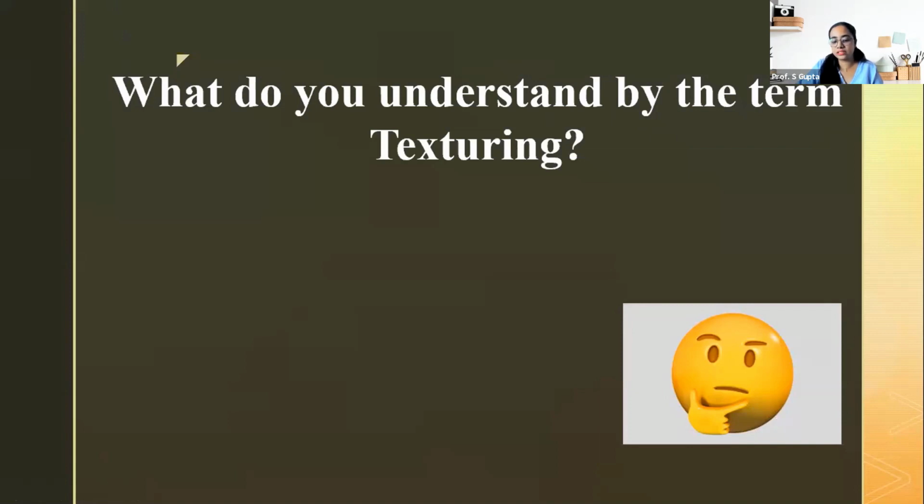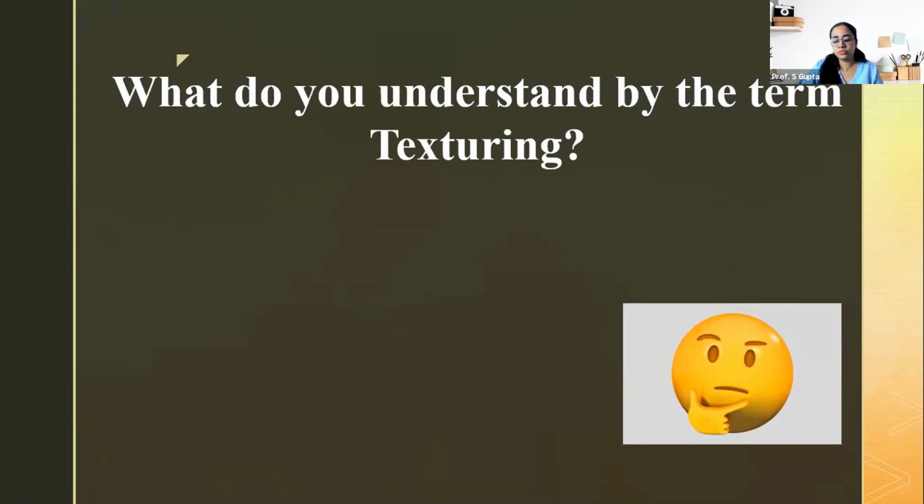So what is texturing? When you learn to do a model, you get a gray model with no color, no texture, nothing. You can never judge what the material of the model is, what the mass of the model is. So to get all these things across, you have to do the texturing.